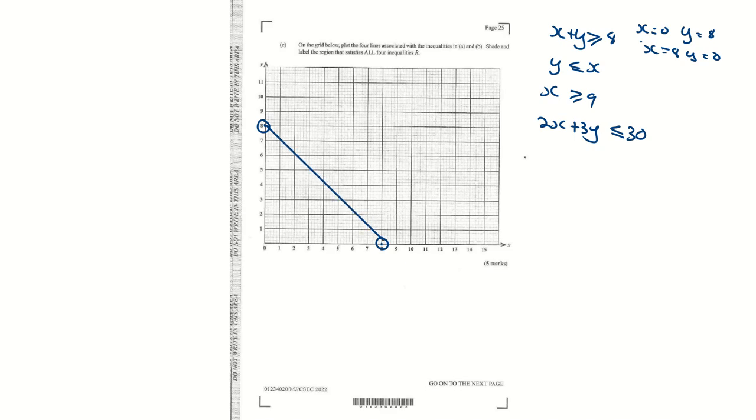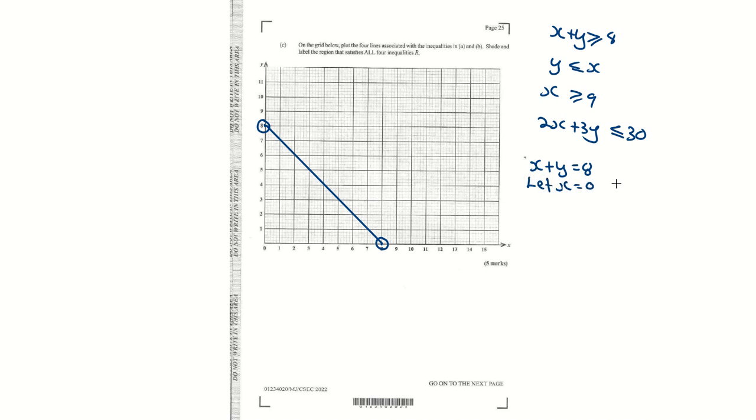Sorry, I'm trying to hurry up. Let me slow down. When you have an inequality and you want the equation of a line, we don't want the inequality, so we make x plus y equal to 8. Then you're going to let x be equal to 0.